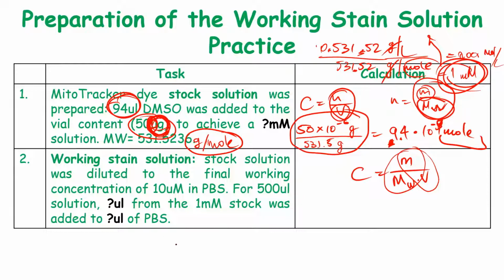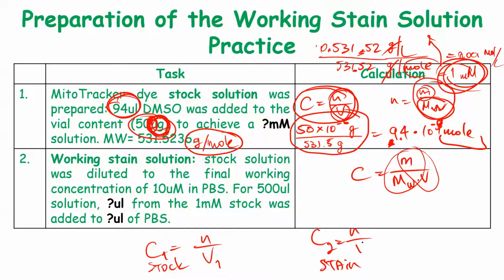So the same way you calculate concentration like this, you can calculate the concentration of the diluted solution. So if you have two solutions, let's say this is stock and this is your staining solution. So C1, V1, C2, V2.